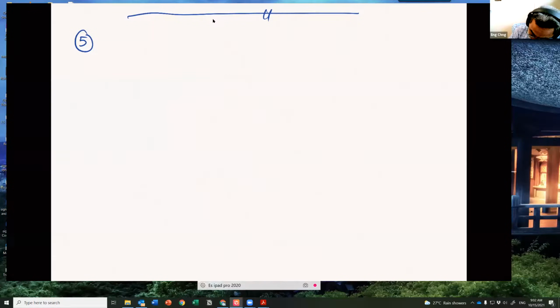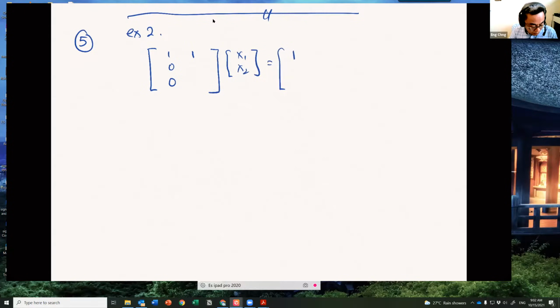Now, we have example 2. The equations are reduced to 1, 0, 0. So the first equation is 1, 1 multiplied by x1, x2 equals 1 again. All right, so our system of equations has changed. But our y is still going to be 1, 2, 3, okay, guys? So this is y.